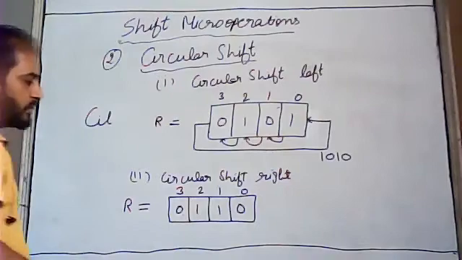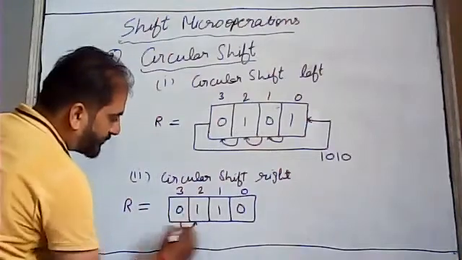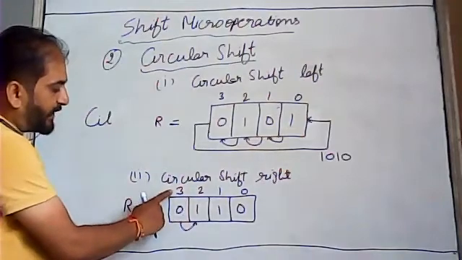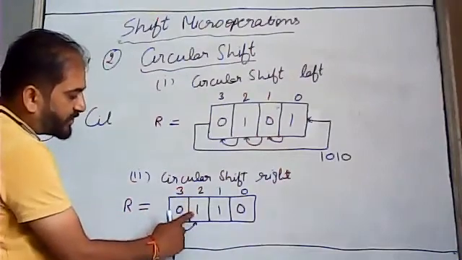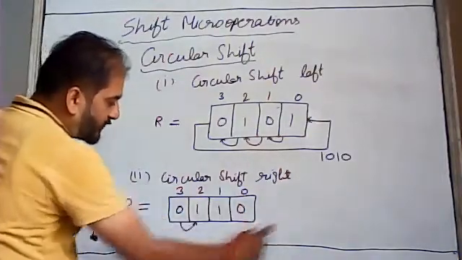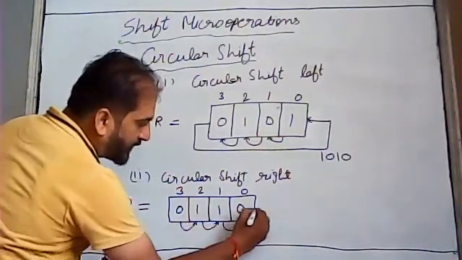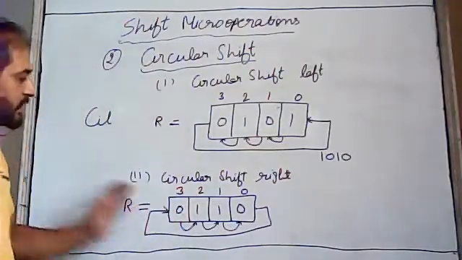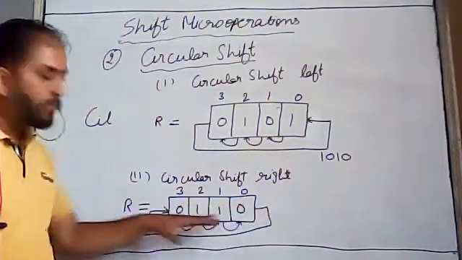In circular shift right, the bit at position 3 is shifted to position 2, the bit at position 2 is shifted to 1, the bit at position 1 is shifted to 0, and the bit at position 0 is shifted to bit position 3. So this is the circular shift right, where we shift the bits to the right by 1 bit.